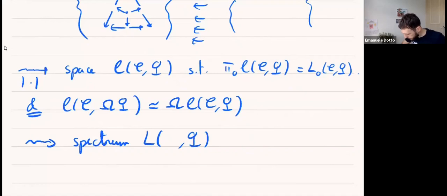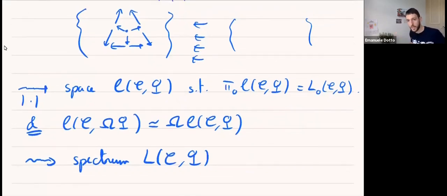And not only a spectrum, but you also have a presentation of the homotopy groups. Because if you want to know what pi n of this is, it's the same as pi 0 of the n-fold loops.